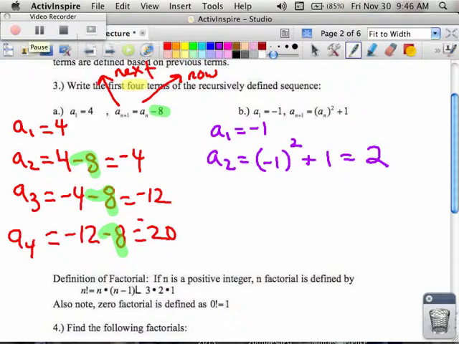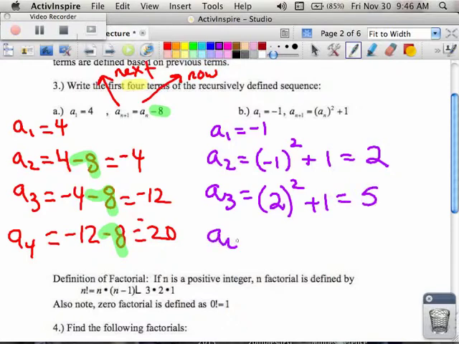A sub 3 then would be the previous number, which is positive 2, squared, plus 1, or in other words, 5. And then the last term, a sub 4, would be the previous number, 5, squared plus 1, or in other words, 26.